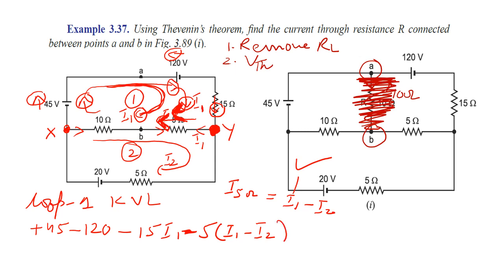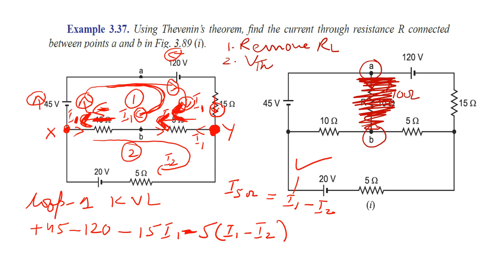Now we will come to the 10 ohm. See the direction of I1: you have to see the direction of the loop current. This loop current passes through the 10 ohm like this, and from the opposite side the I2 current is coming. So in the 10 ohm the difference of I1 and I2 is passing.